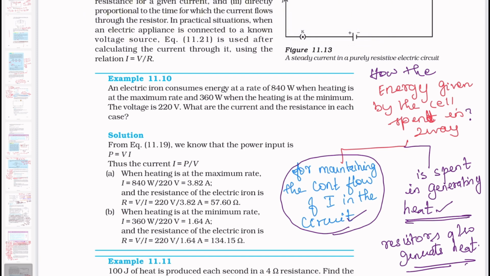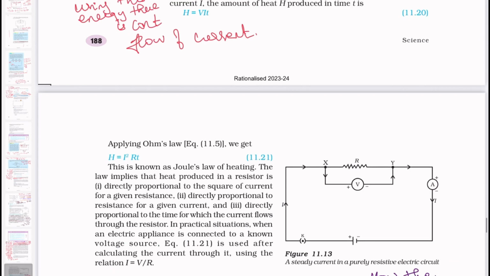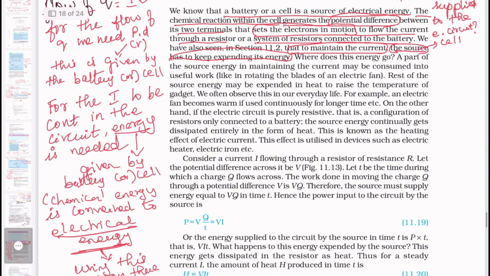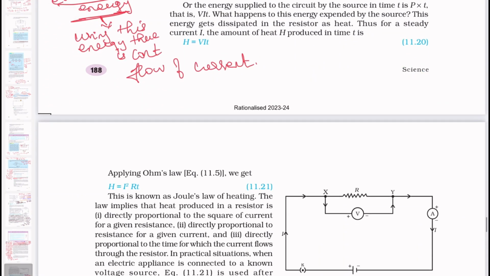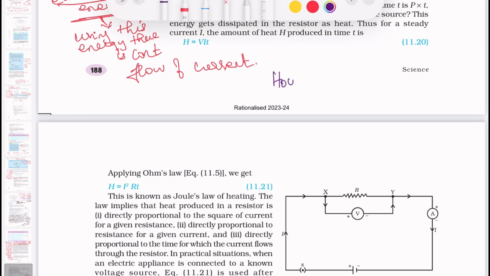Now, what happens to this heat? How is this heat utilized? So, the heat which is generated is utilized in two forms. The question is how the heat generated is utilized.